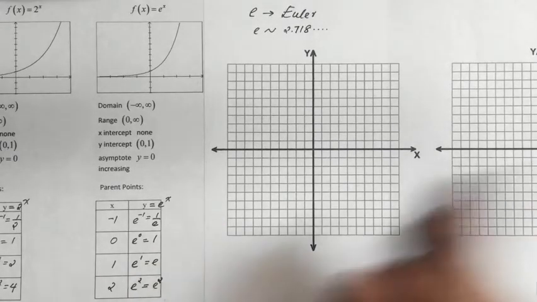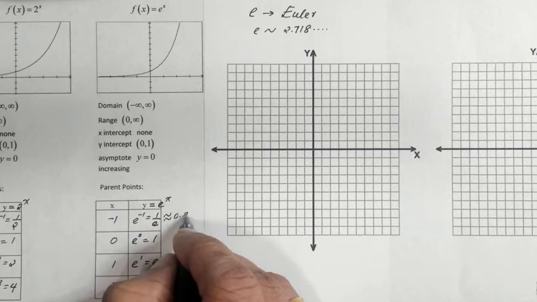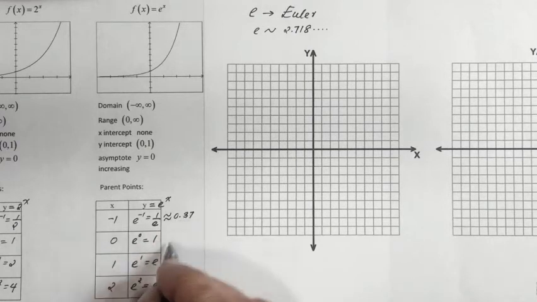You can use a calculator to find these values. 1 over e is approximately 0.37, e is approximately 2.718, and e squared is approximately equal to 7.4.